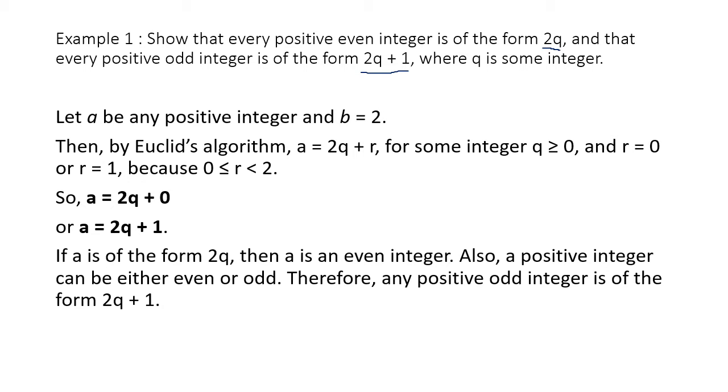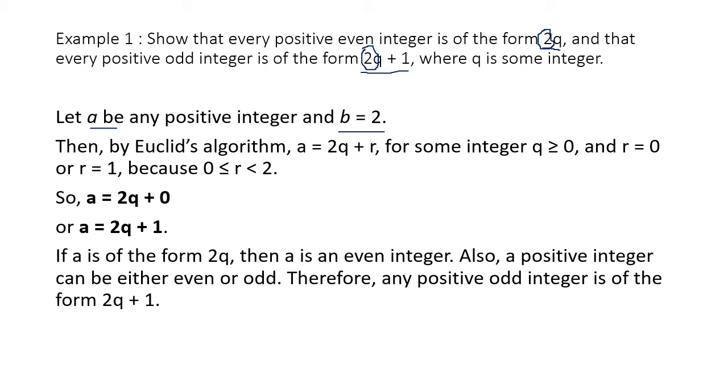So in this case, here you will see a is any positive number, but b is 2. In both the cases, what is b? b is 2. Yes? So a is any positive number, while b is 2.